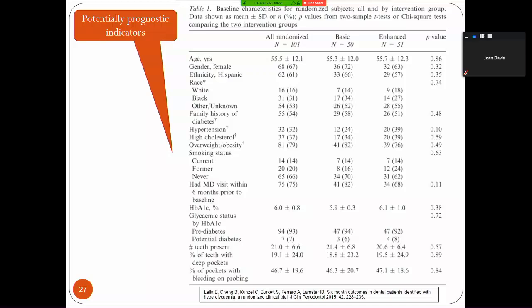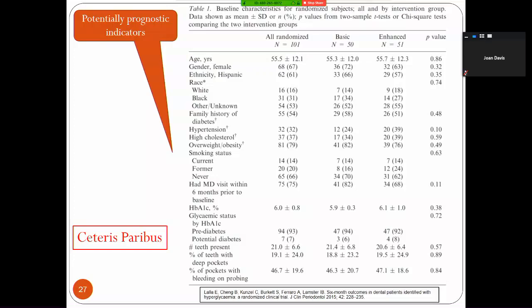So this is a classic table 1. It tells you all of the variables that these investigators think are important in determining whether or not people will follow up with a visit to their primary care physician.